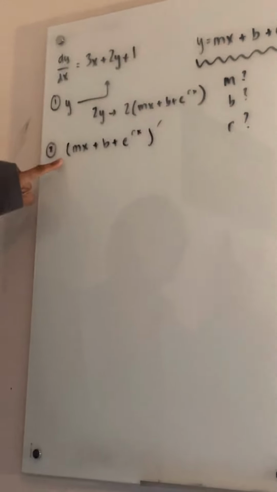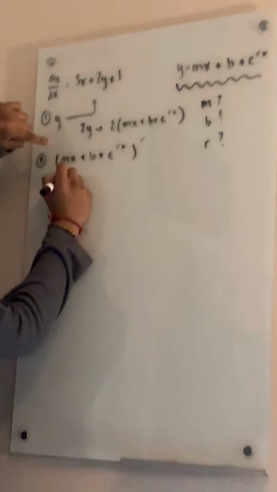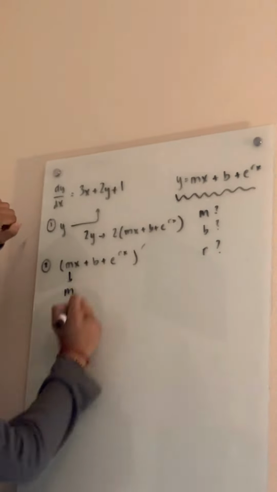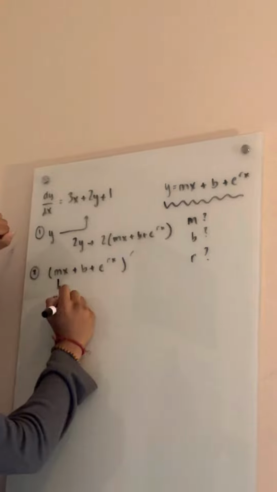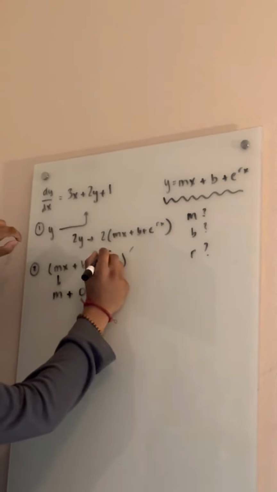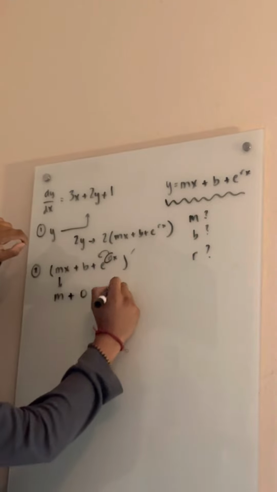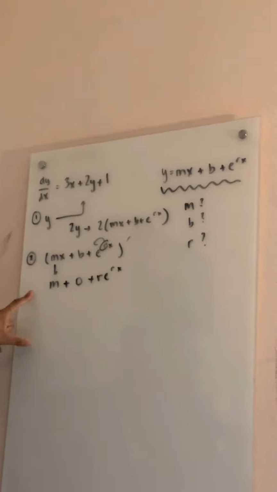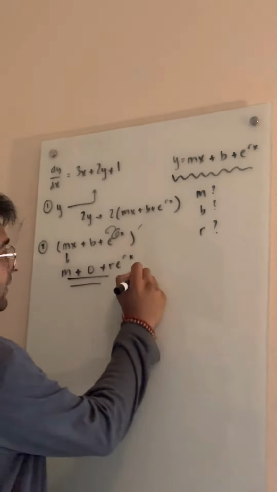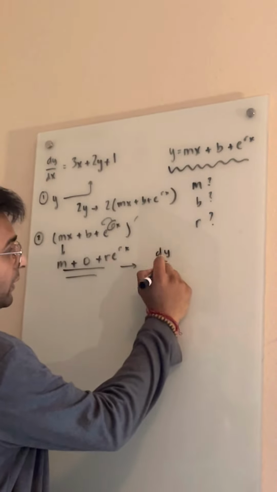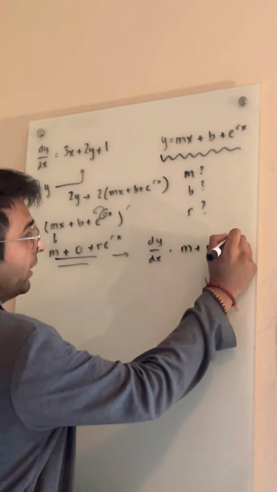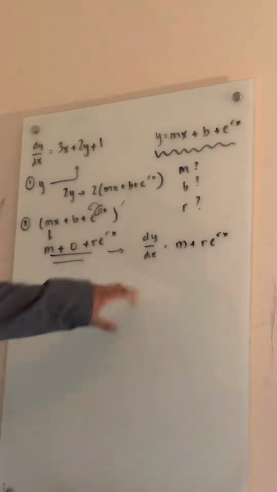If I differentiated that, the mx just becomes m, the b becomes nothing, and the e to the rx follows the power rule: the r comes down, so r e to the rx. That's where the m plus r e to the rx comes from. So this is our new dy over dx: m plus r e to the rx.